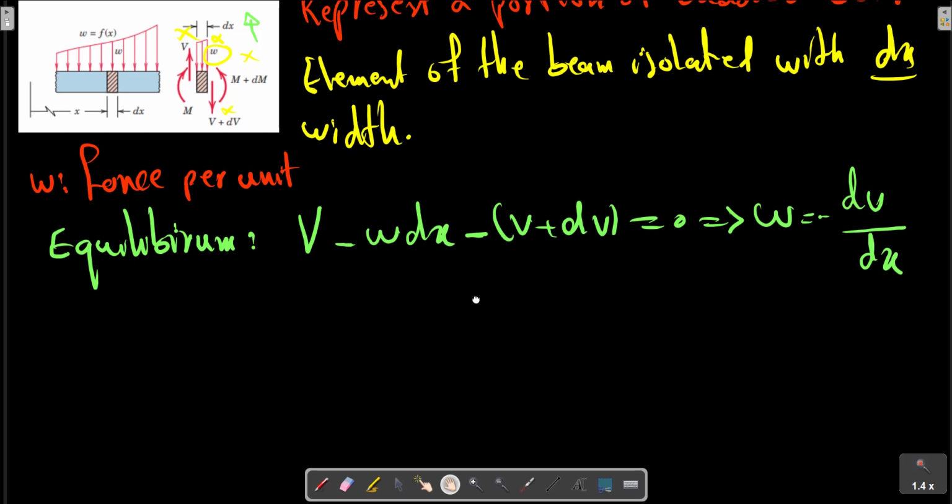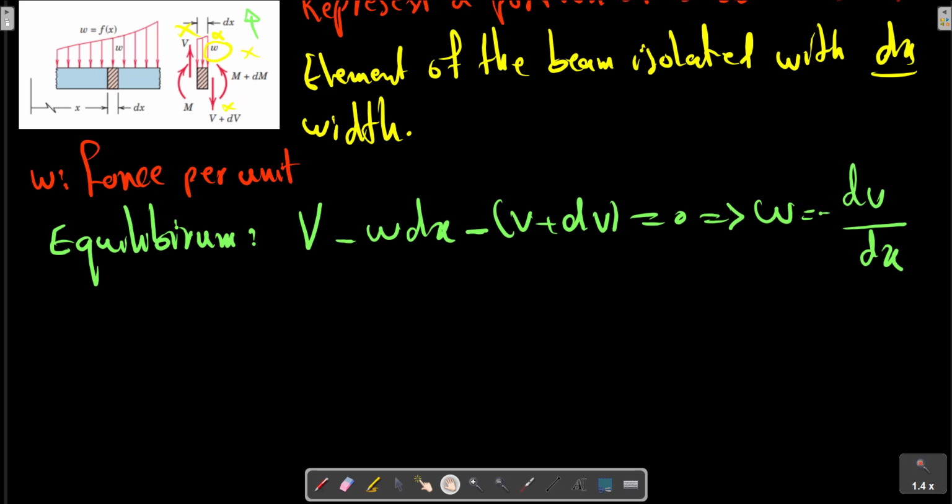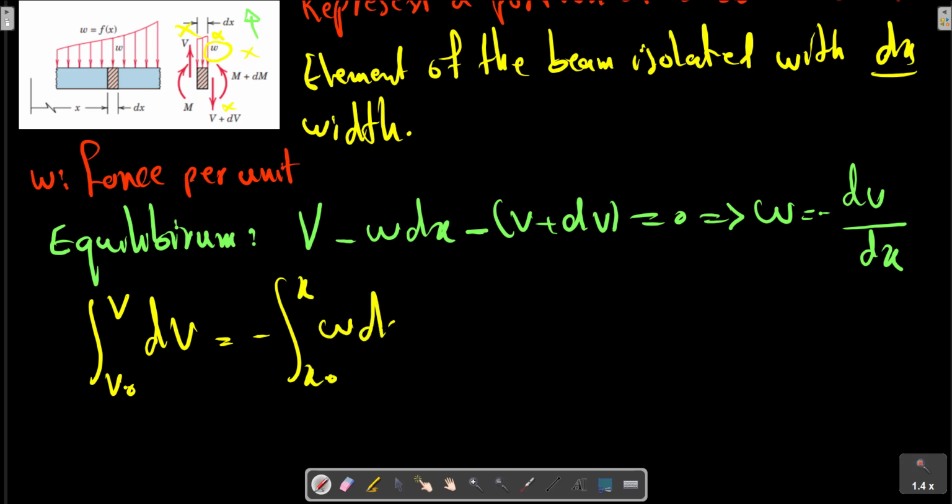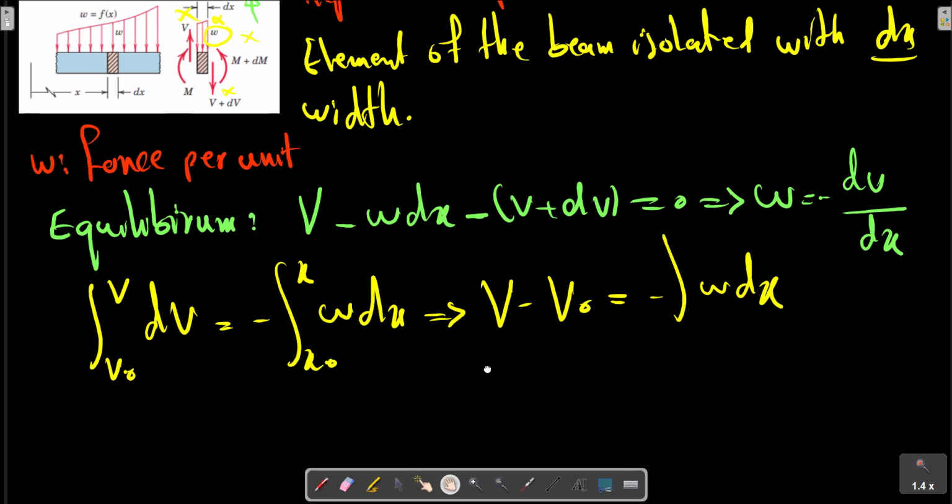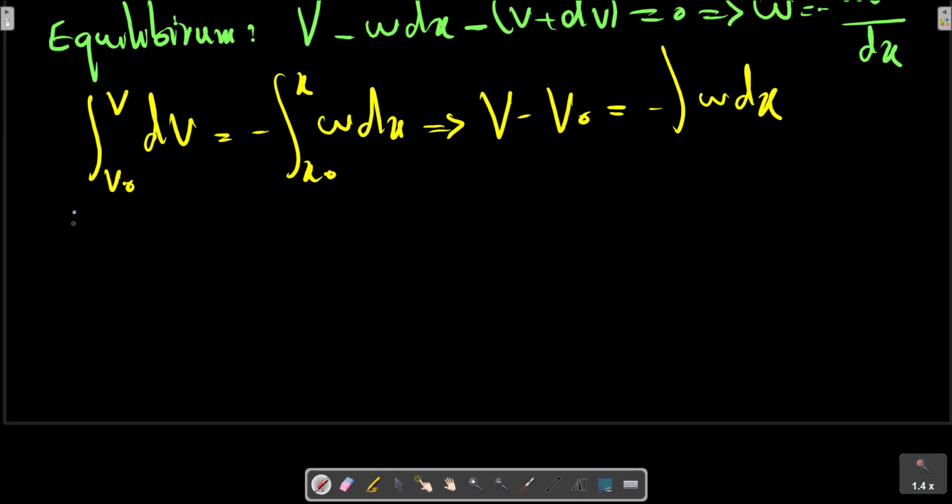We may now express the shear force V in terms of the loading omega by integration, as in this relation: the integral of dV equals the negative integral of omega dx, V minus V0.